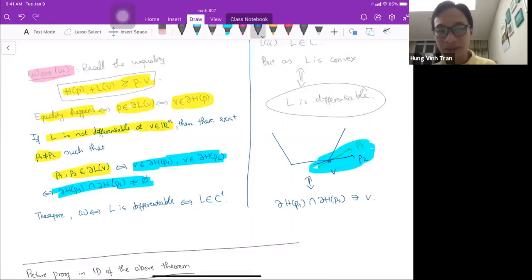The dual relation is that P is in the subgradient of L at V is equivalent to the fact that V is in the subgradient of H at P. And that's it. That's the proof.